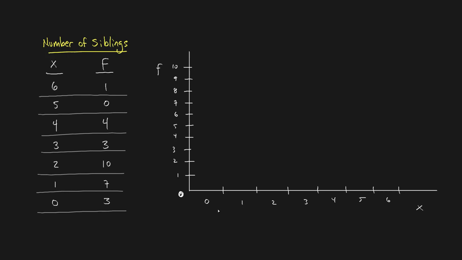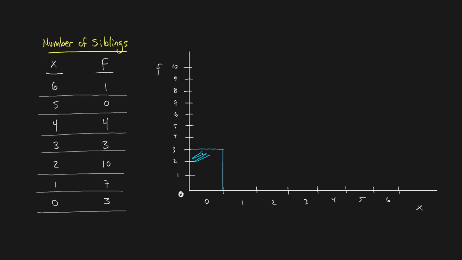Okay, so now I can go through and create my bars for these. And so I'm going to have, for 0, it's going to go up to 3. There we go.